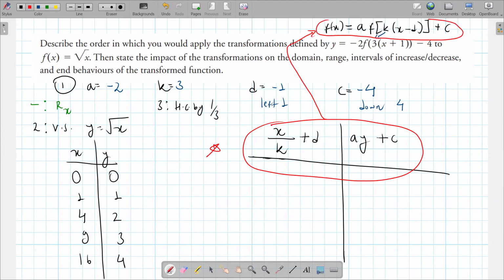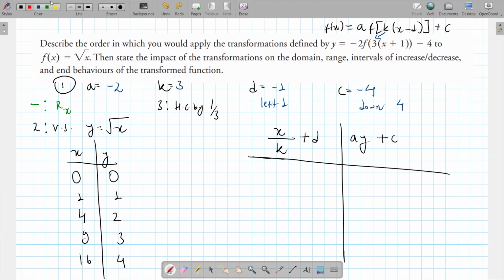Here's what I mean by this. Let's say you're given y equals 3 root 9x minus 27. Something like this. What's your d value here? Remember, d is the horizontal translation. For this exam, it's 27? It's not 27. Try again. What's your d value?